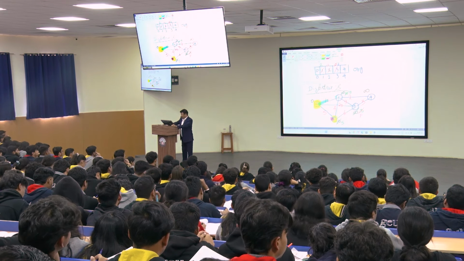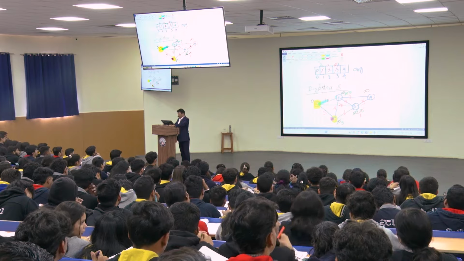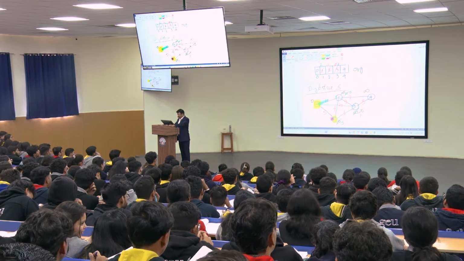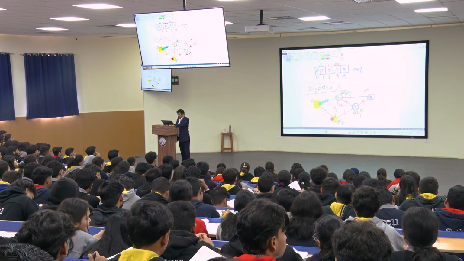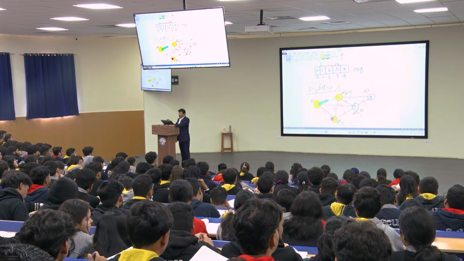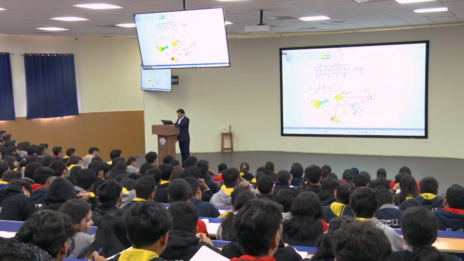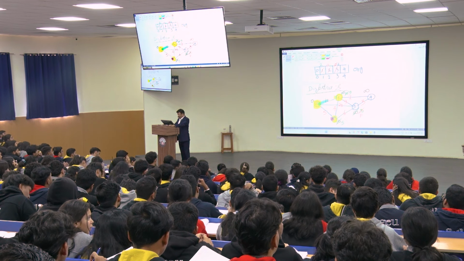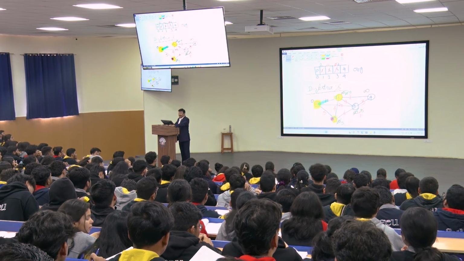Next, which one is the smallest? 11, 9 and infinite. So 9 is the smallest. Yes. These two are already processed. If I want to go to 3, what will be the total distance? 9 plus 9 is 18.